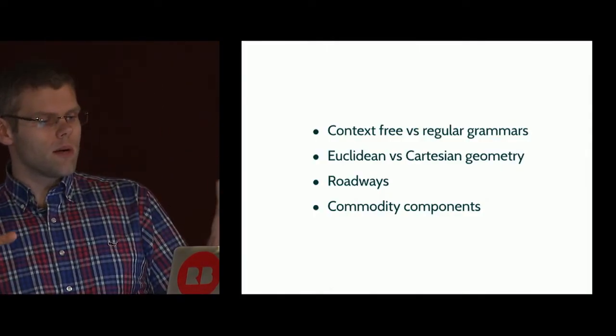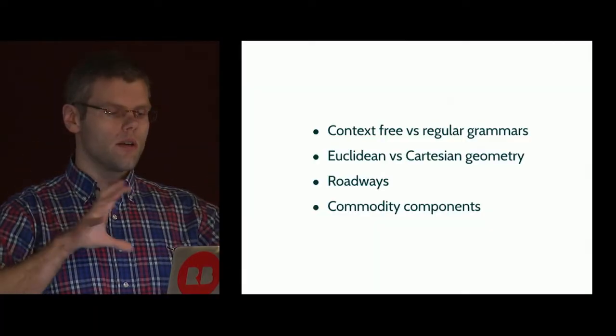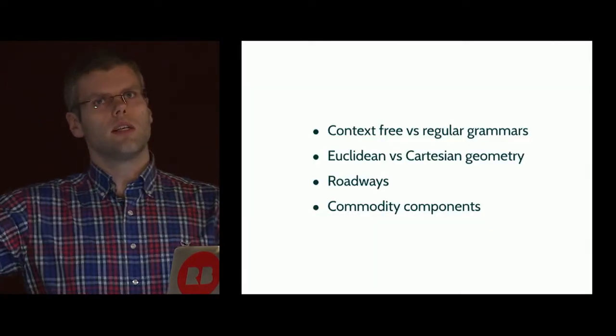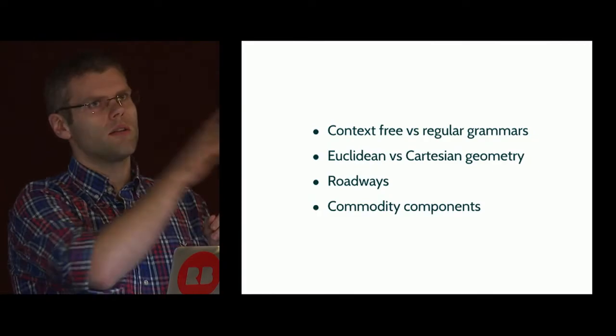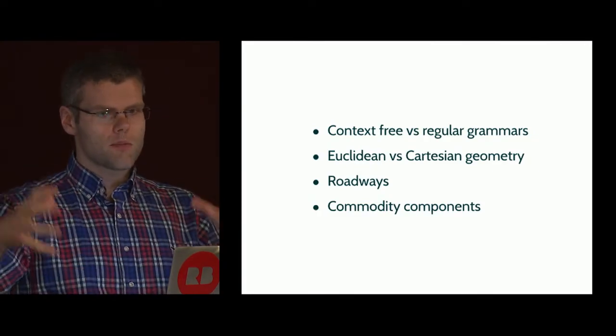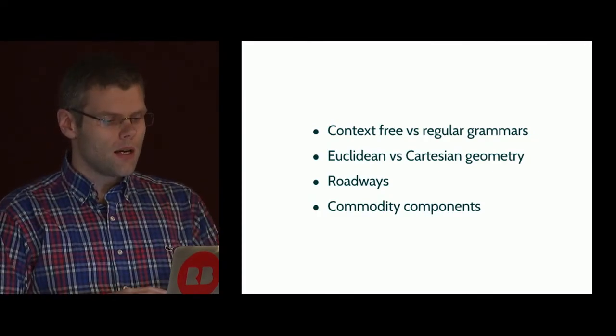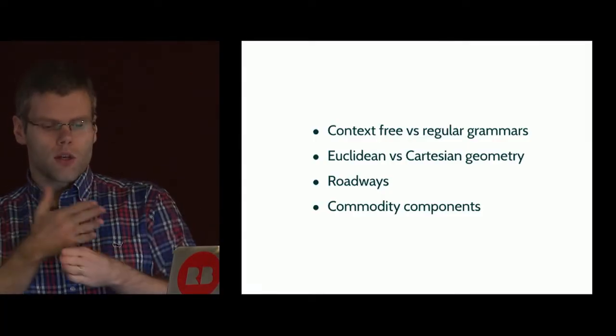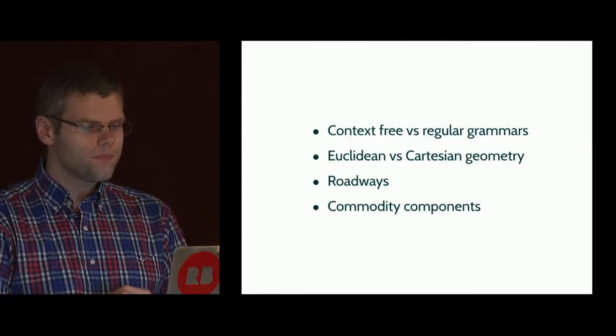Euclidean versus Cartesian geometry, right? If you start with Euclidean geometry, all space is isotropic, right? All the directions are the same. Space is the same everywhere. All the dimensions are compatible. All curves, if they look like they intersect, they actually do.